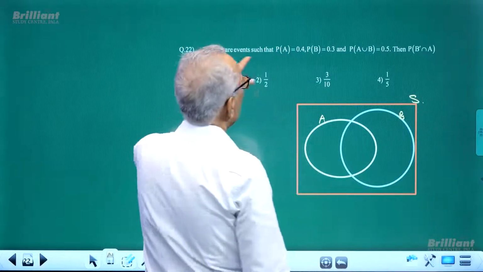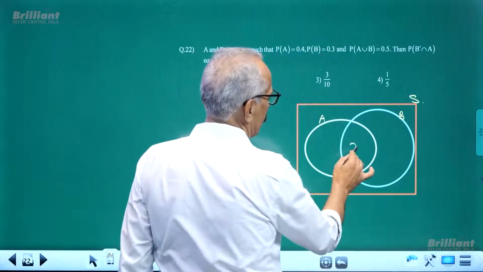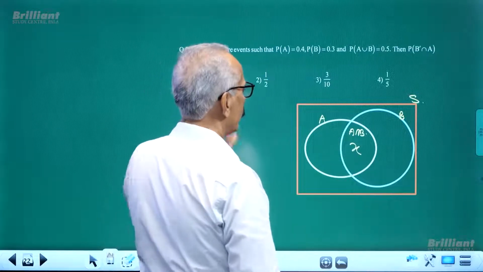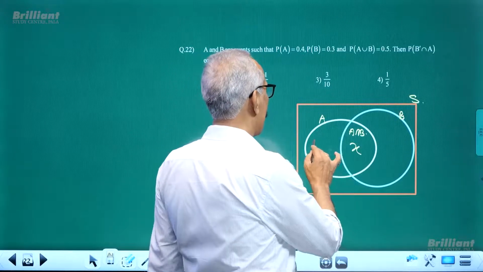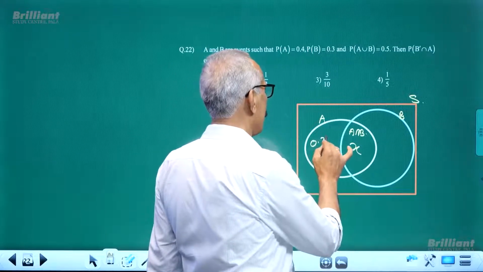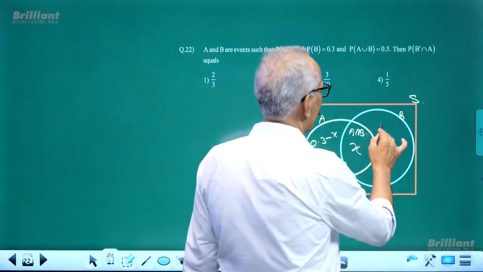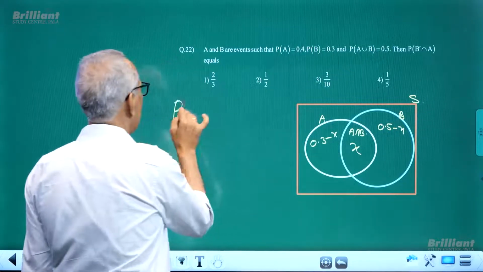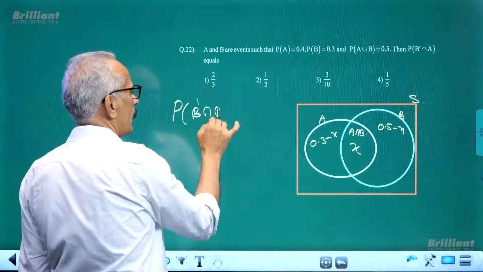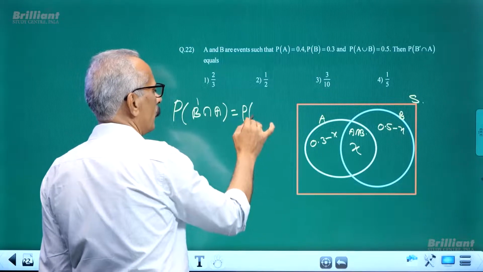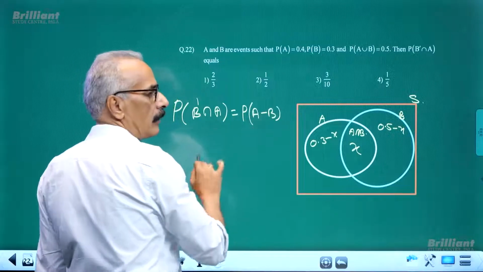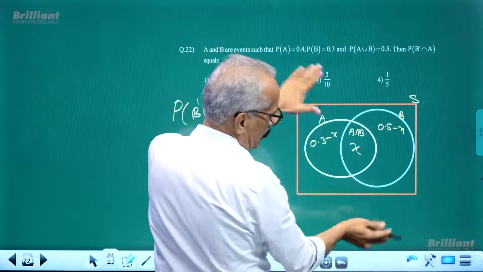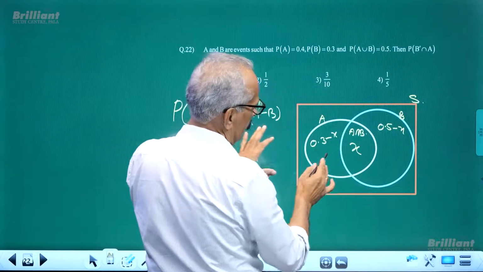PA is given, PB is given. I take the intersection as X. This is A intersection B. And this is 0.3 minus X, this is 0.5 minus X. We want the probability of B dash intersection A, that is, the probability of A minus B. B dash is outside this blue, intersection A means this part.